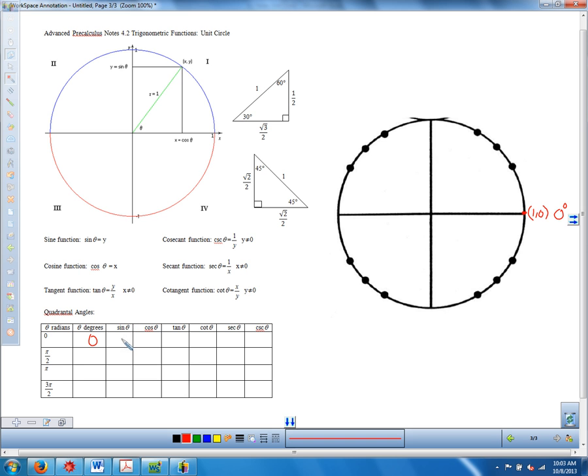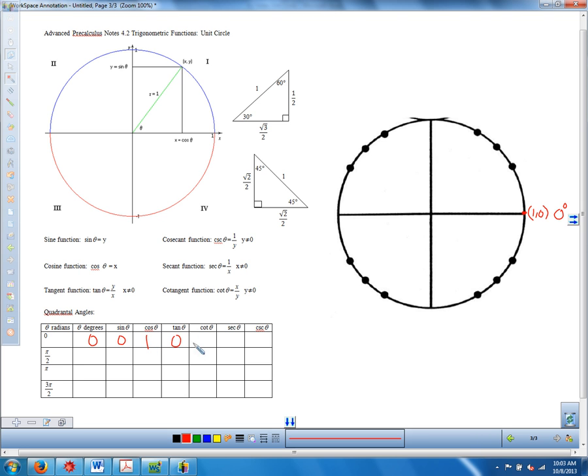The sine of 0 is the y coordinate. The cosine of 0 is the x coordinate. And then I can build the rest of these by using the sine and the cosine. The tangent is sine over cosine, 0. The cotangent, cosine over sine, 1 over 0.